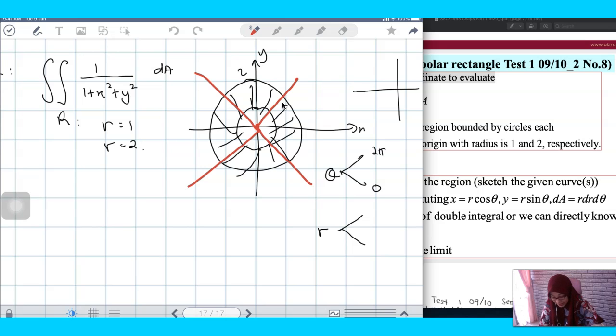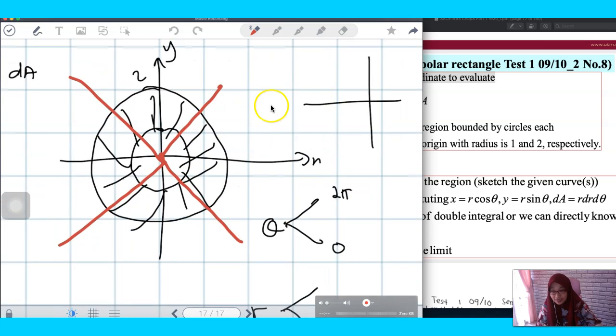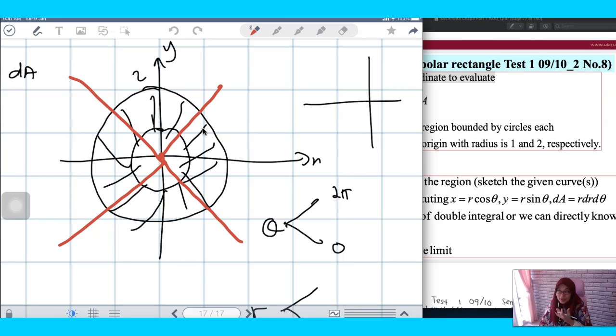Okay, so now you can see that your region is between the 1 and 2, right? So in this area, there is no shaded region. The shaded one is between 1 and 2. Just like you have the x constant, y constant, I always say that you are walking slowly upward or to the right, isn't it?